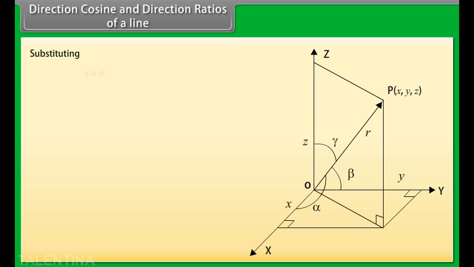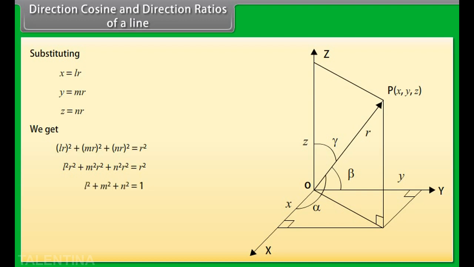Substituting x equals LR, y equals MR, z equals NR, we get LR square plus MR square plus NR square equals R square. L square R square plus M square R square plus N square R square equals R square. L square plus M square plus N square equals 1.